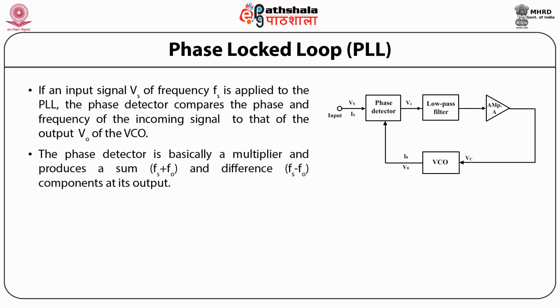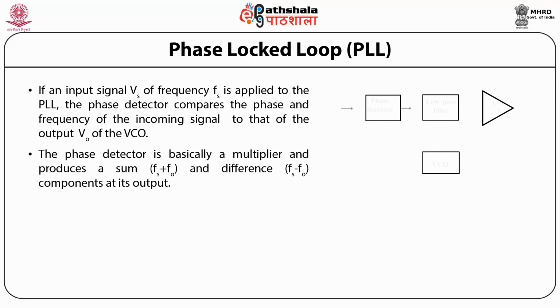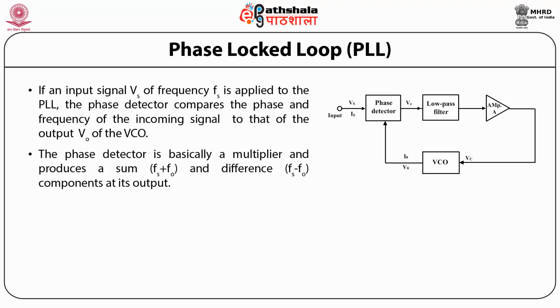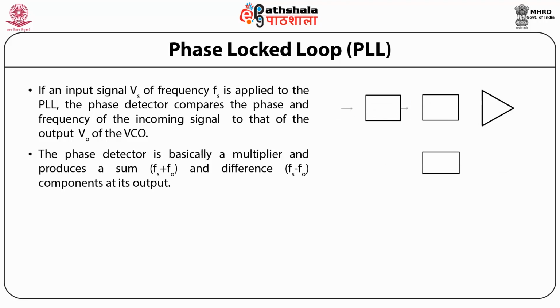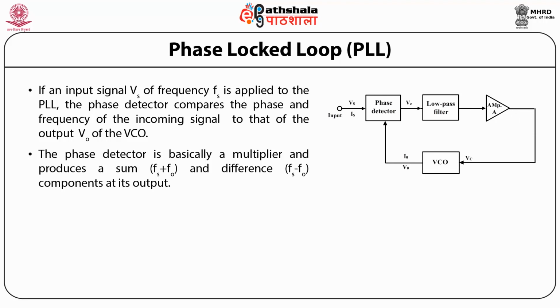The phase detector is basically a multiplier and produces a sum Fs plus F0 and a difference Fs minus F0 component at its output.